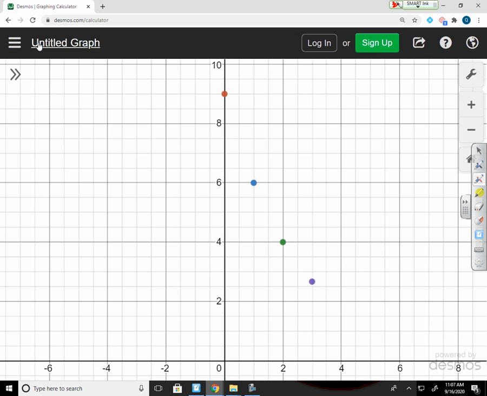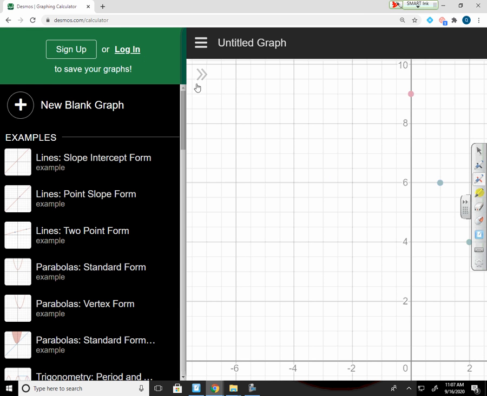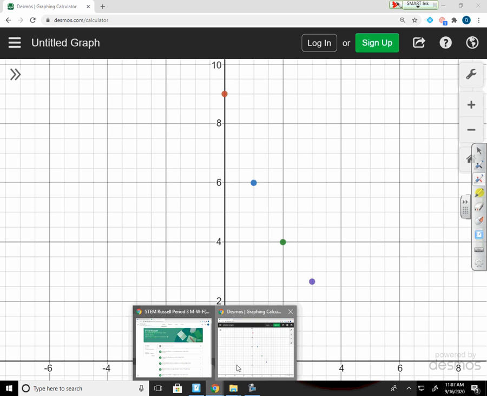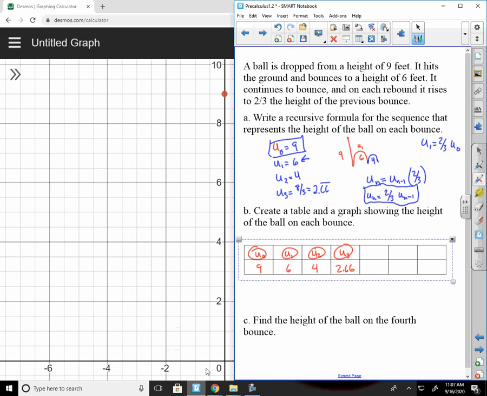If I was to look at where this is trending down towards, just follow the pattern, it's looking like it's going to be right around 2 feet on the fourth bounce. Maybe even a little lower. So right around 2 feet would be my guess, just from looking at the graph.